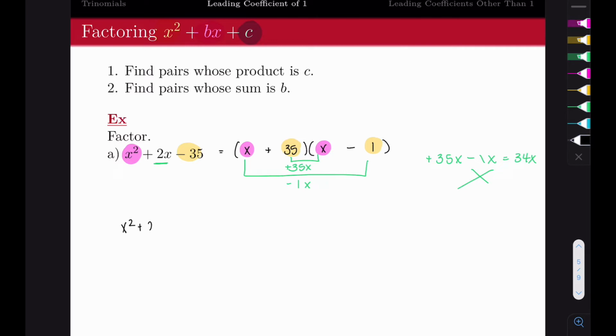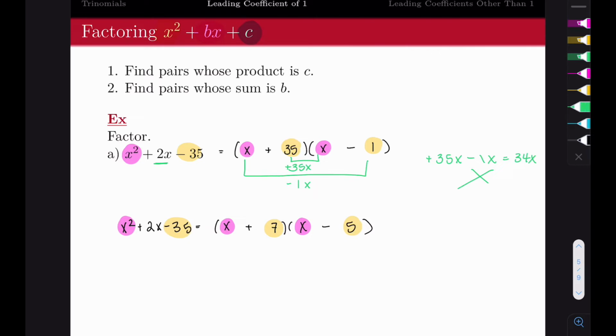So we'll try again, and we'll use the terms we know make it work. So our first terms need to multiply to x squared, definitely has to be x and x. The last terms have to multiply to negative 35. So I'm going to go ahead and put my positive 7 and my negative 5. Okay.